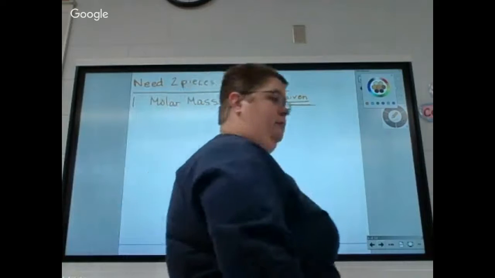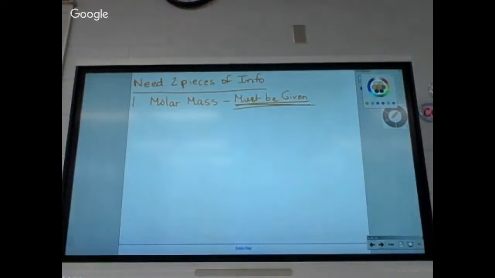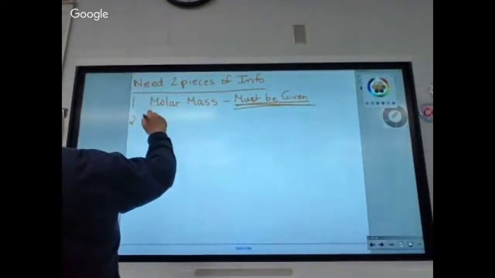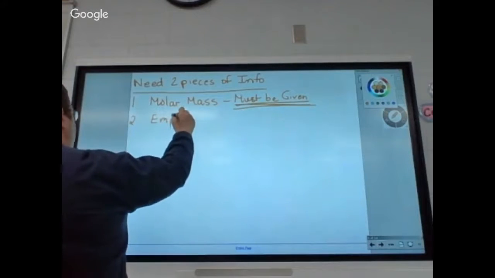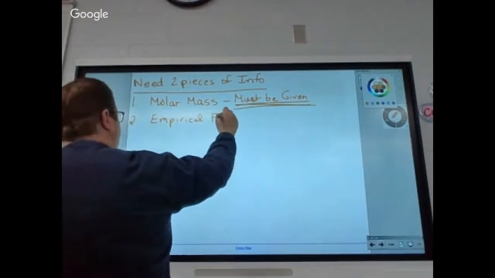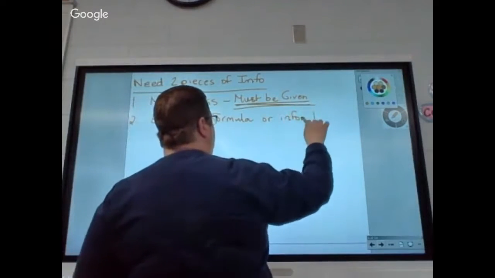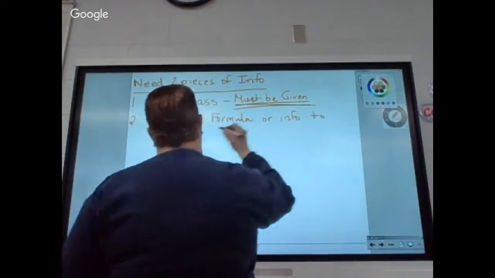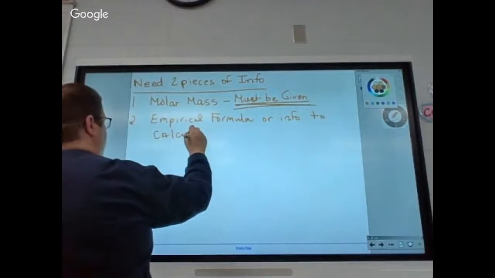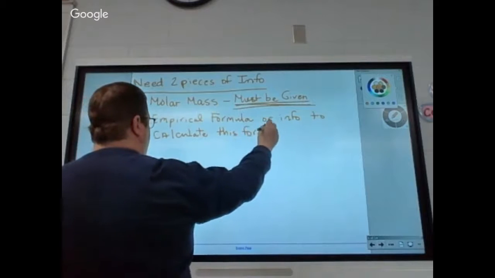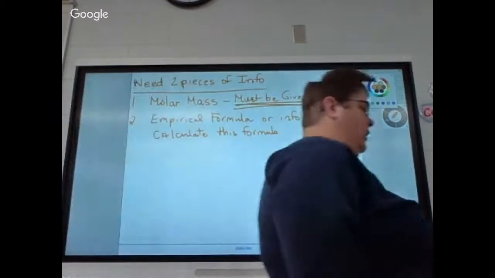If they don't give us that, you're not finding the molecular formula ever. If it's not given, you're not finding it. The second thing you have to have is the empirical formula, or the info to calculate this formula. One or the other.